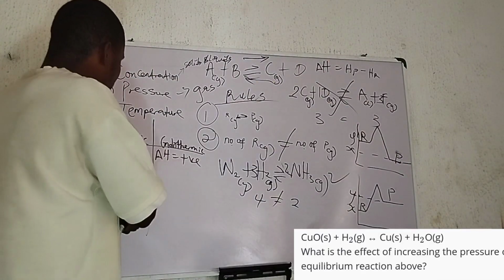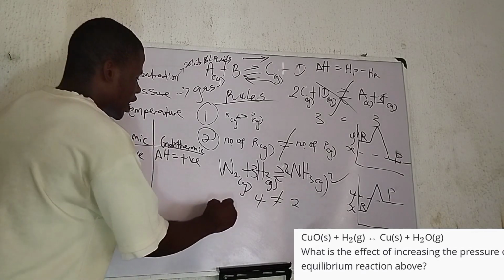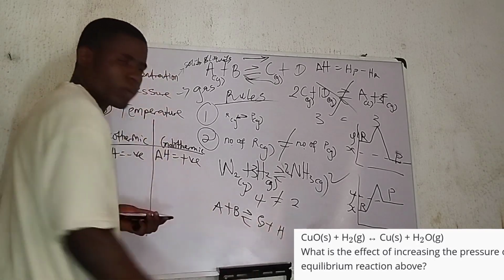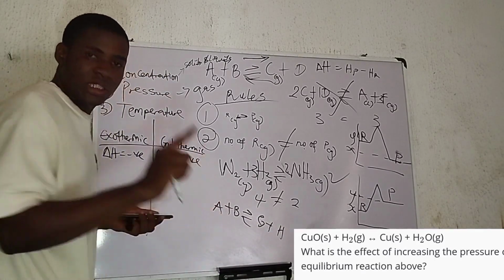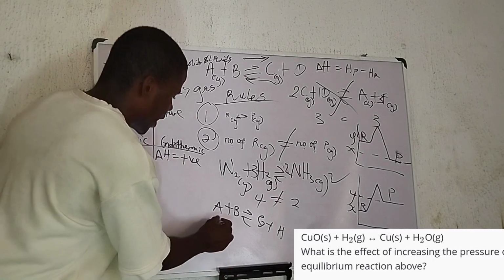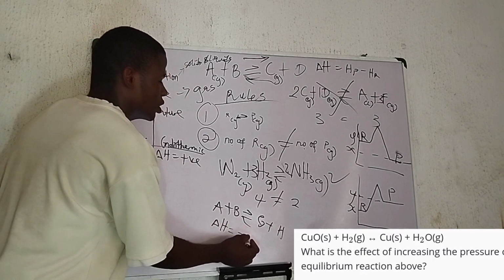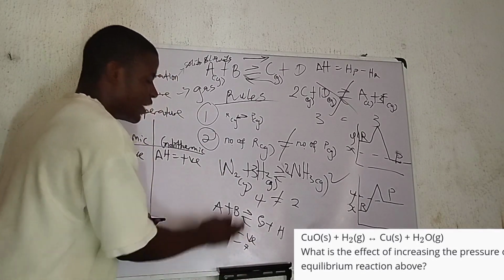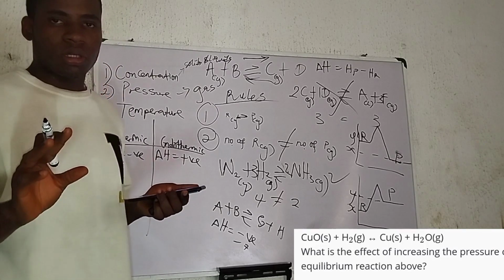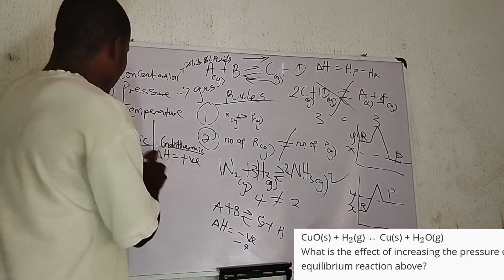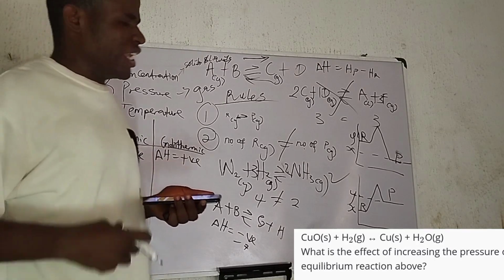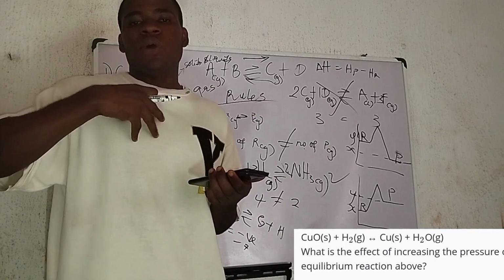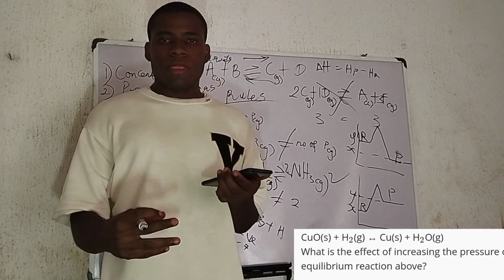So if I have a reaction, let's say A plus B gives G and H, and they tell me that the reaction is exothermic, they'll write that delta H is negative, or they'll give you a value like minus 7. Whenever I see minus in the delta H, it is exothermic. Does it make sense? And they tell you to increase the temperature. Increasing the temperature does not make sense, since the reaction gives out heat.